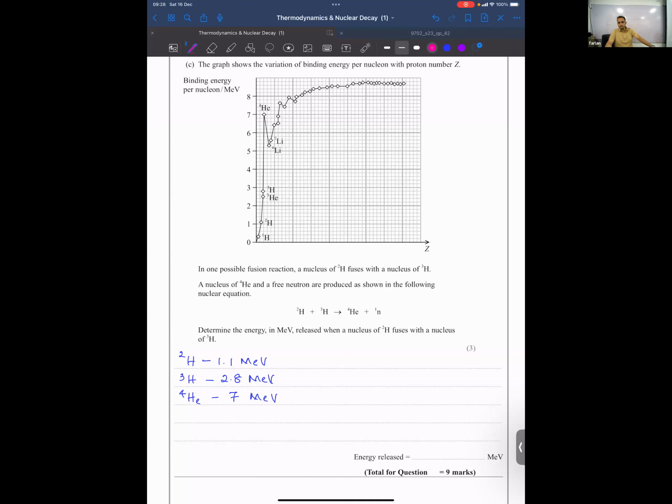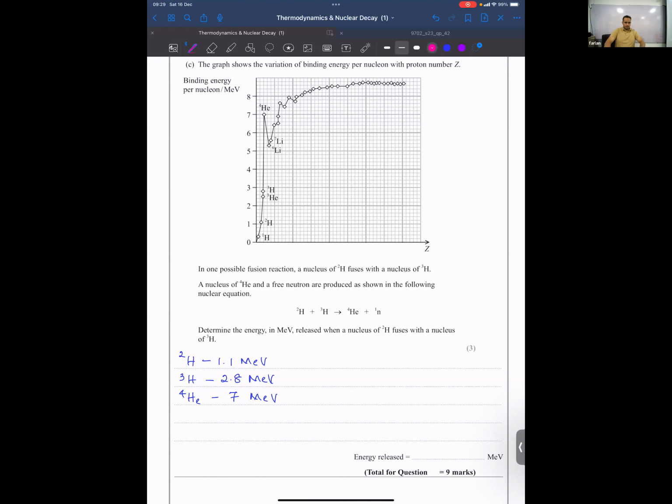Am I right? When the helium 4 is formed, the energy released is more than the energy that you have to supply to disintegrate hydrogen 2 and hydrogen 3. So that means overall there is an energy release. Do you understand what I'm saying?